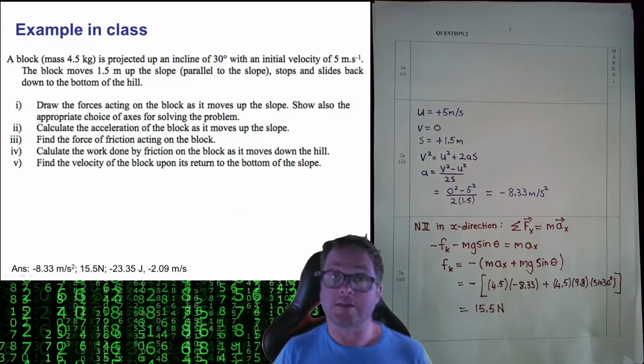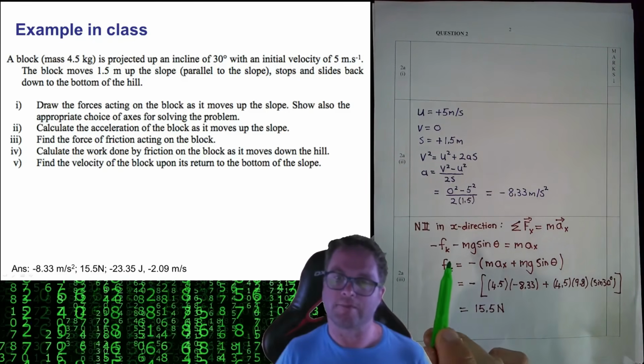It's not asked in this problem, but it could have been that you were asked to calculate the coefficient of kinetic friction, mu k. Well, if you were asked that, you could have gone on to use this result for the force of kinetic friction and use the expression that the force of kinetic friction is equal to mu k times the normal force.